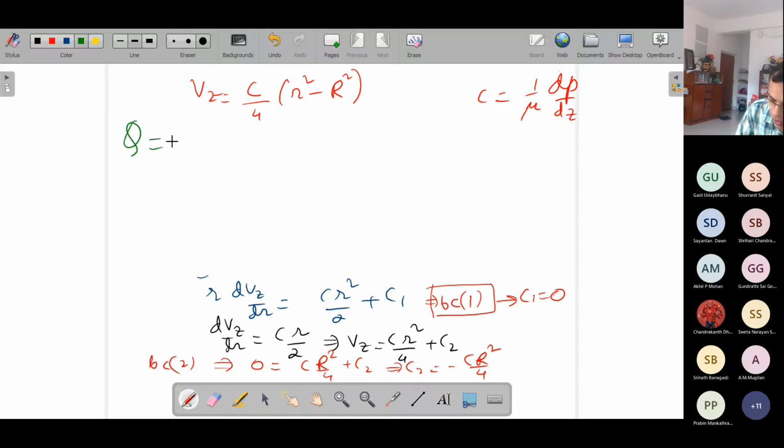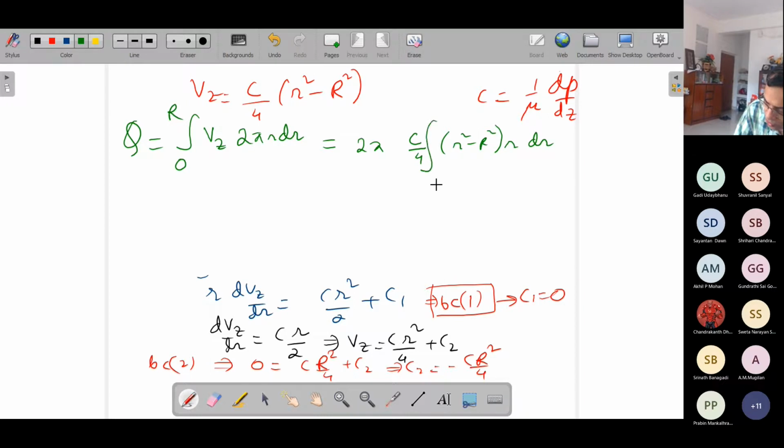Q. It is integral of this Vz into 2 pi r dr. So this is the elemental area from 0 to R. So 2 pi, in place of Vz we write C by 4 into r square minus R square into r dr. So 0 to R.